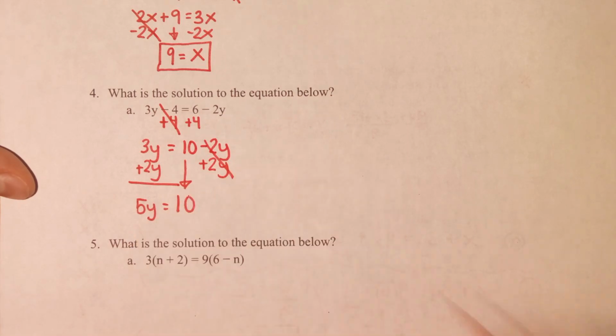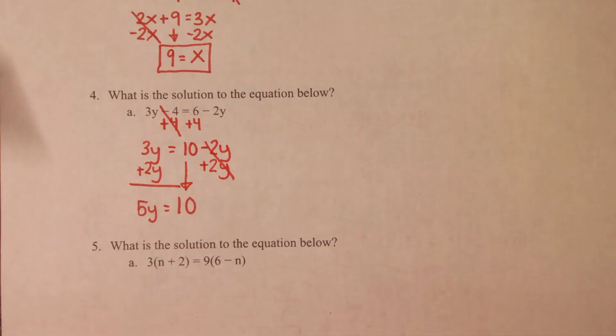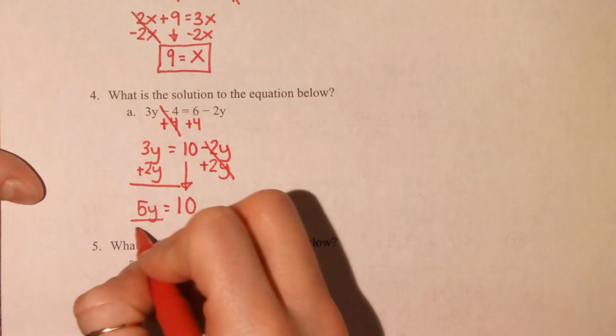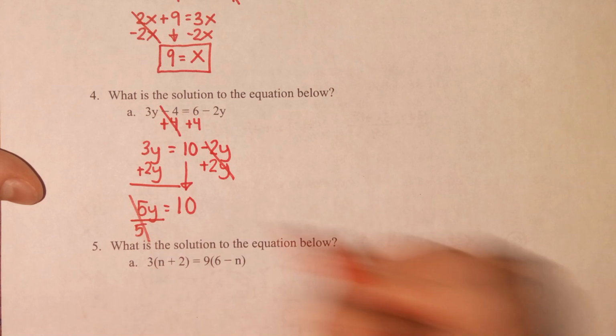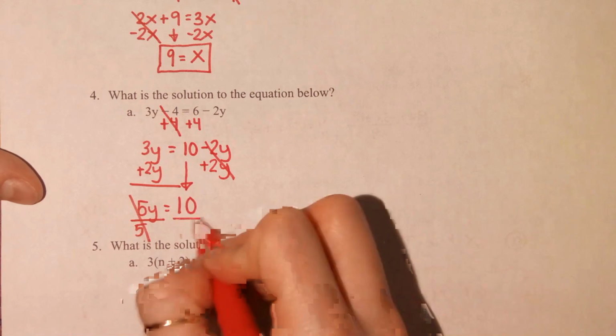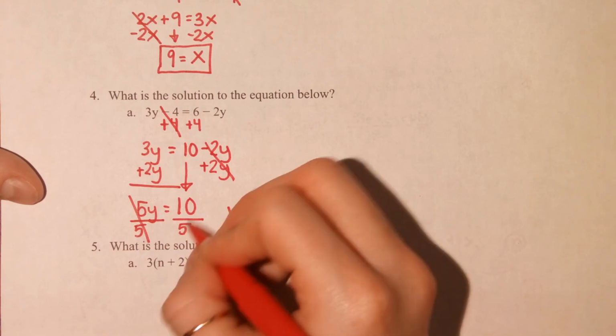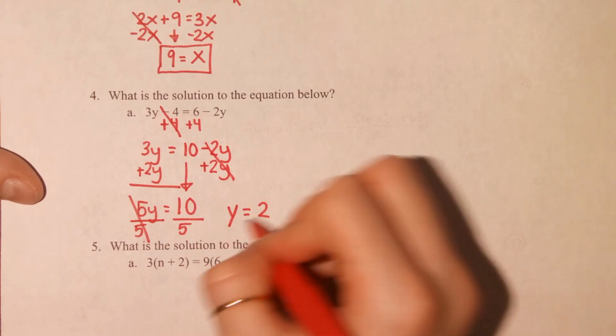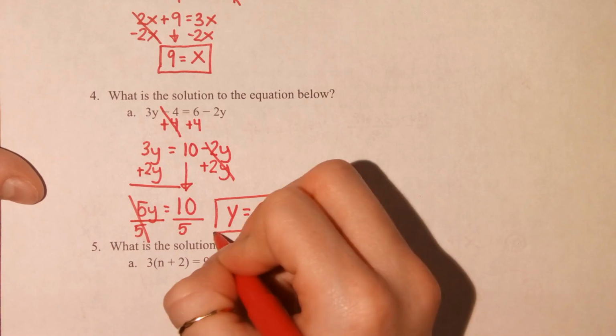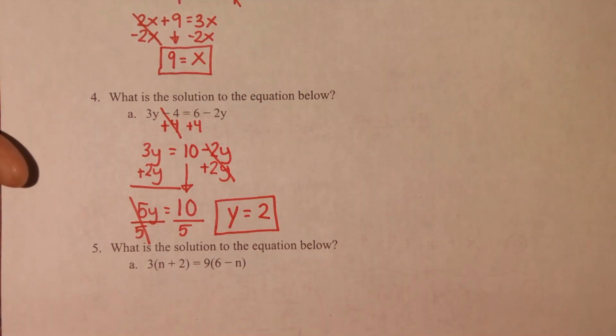Now I want to get 5 completely without, so we're going to cancel it out by dividing. And we do what we do to one side, we do to the other. 5 goes into 10 2 times. My y equals 2. All done. Only one variable, so you only have to solve once. And then last on this page, we have number 5.